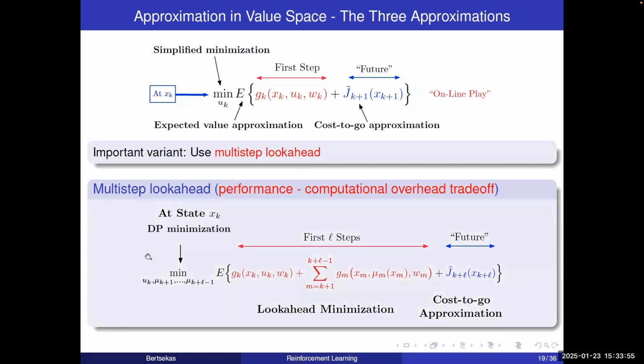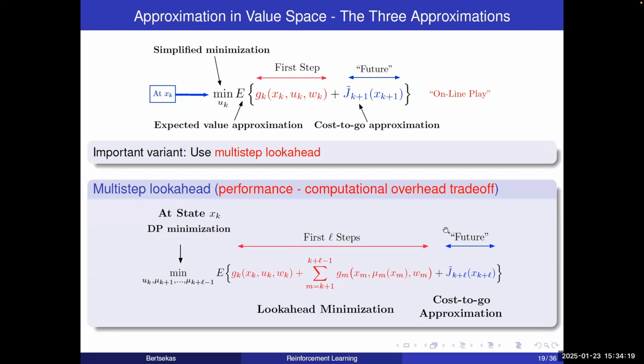At a state xk, we consider the cost of the first L steps, 2 steps, 3 steps, 50 steps, L steps. This is the accumulated cost of all these steps. And then we approximate the future after the L steps with some J tilde function.